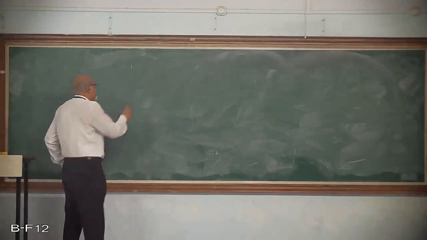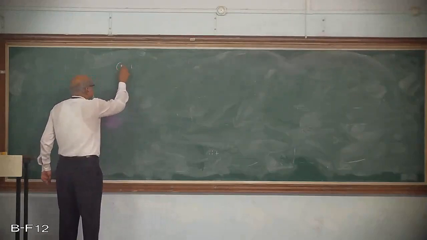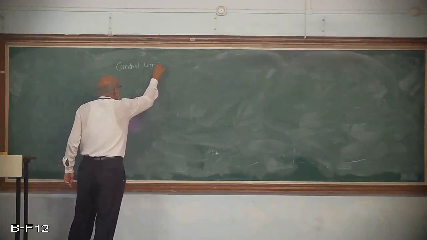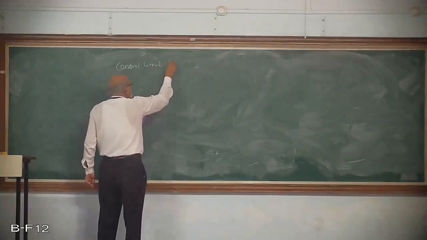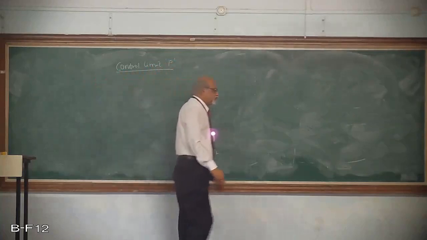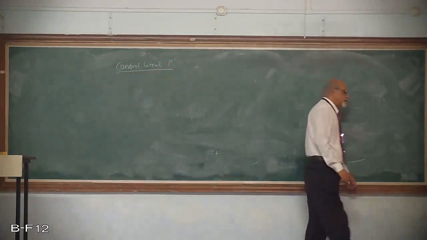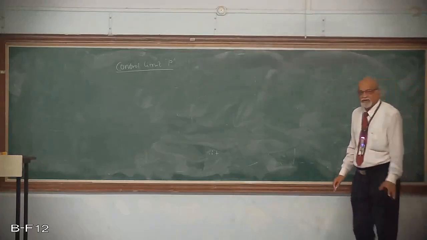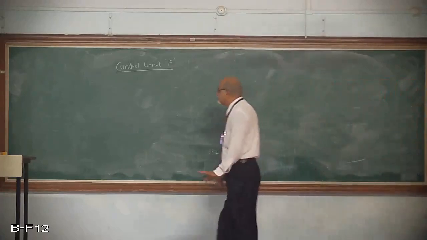Okay, now control limits for the P chart. Already we know that in attributes we can classify items as present or absent, defective or good, only dichotomous in nature. That is what we discussed.